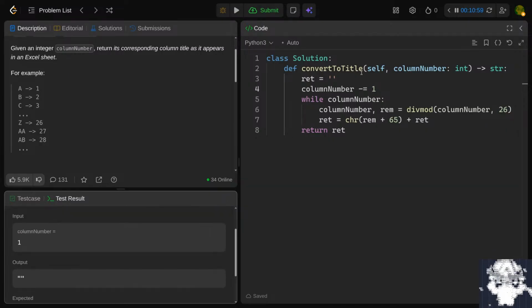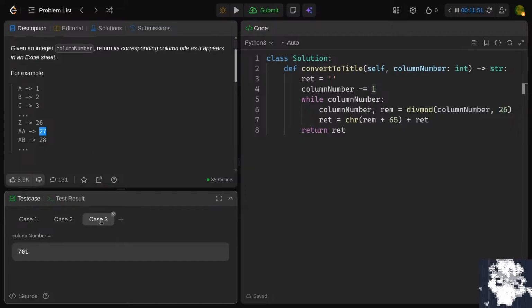So if you give me a 1, I'm supposed to give you an A. And if you give me a 27, then I'm supposed to give you an AA. But 27 would work for me, right?